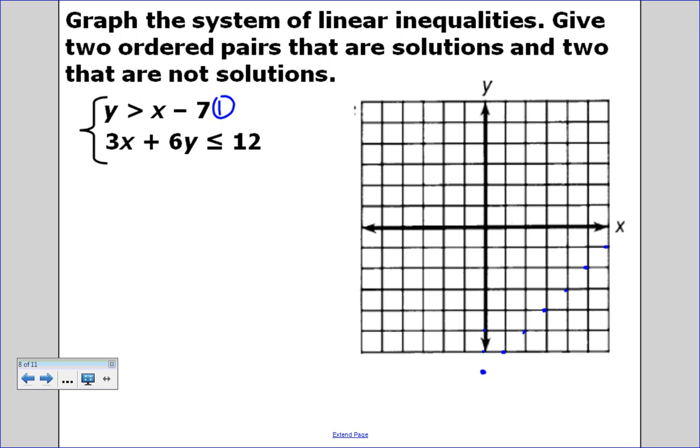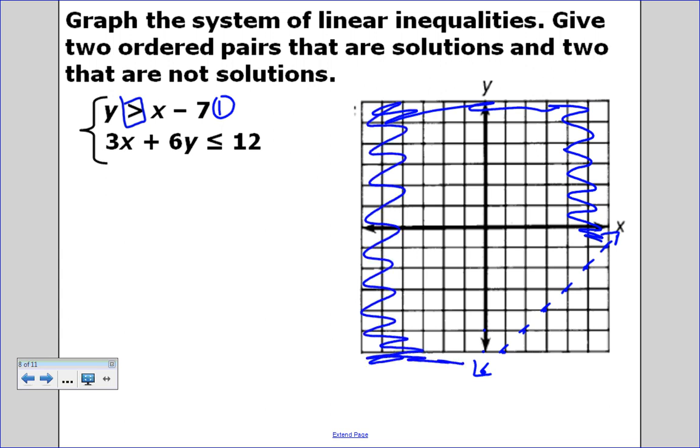And I see that this is a plain old greater than, so I'm just going to make a dashed line. And it's talking about greater than, so I'm talking about everything in this graph that's in the shaded area.